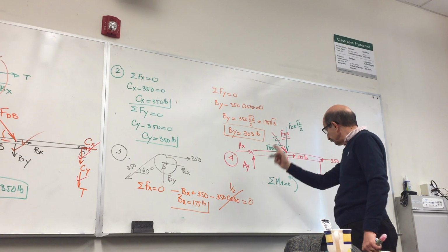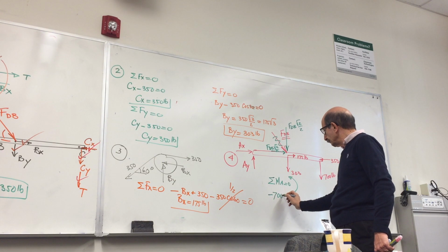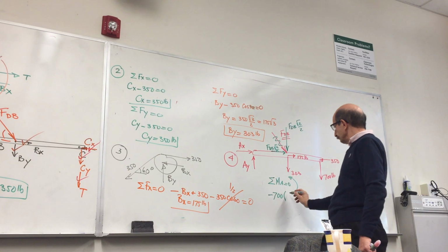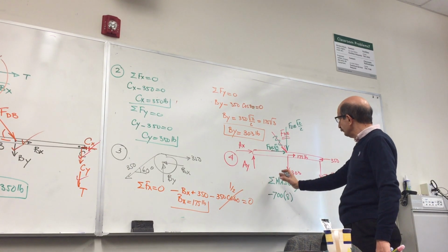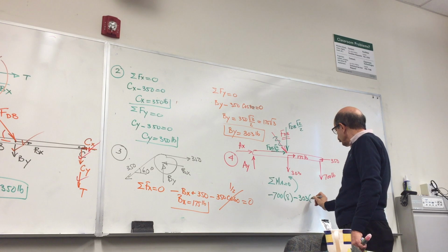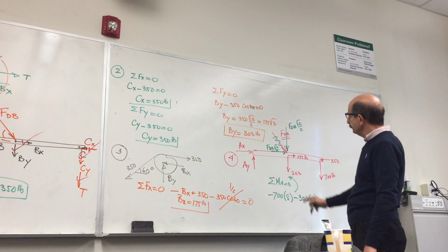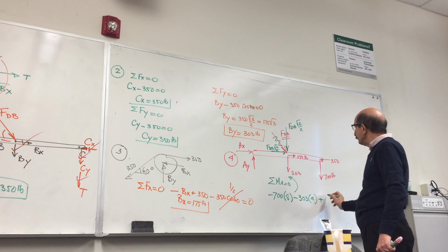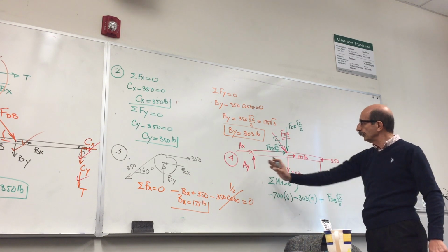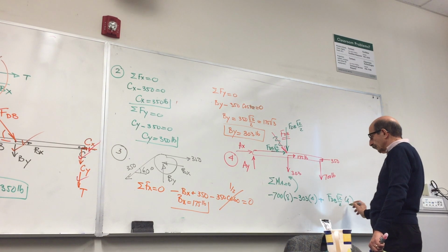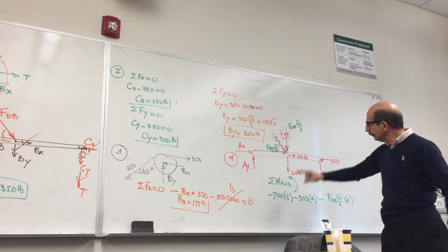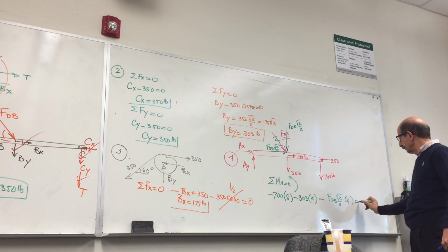So you have negative 700 times this distance, which is 8, moment of this, plus moment of 303 times 4, plus moment of FDB square root 2 over 2, also times 4. I'm sorry, that one's also negative. All these generate a negative moment.